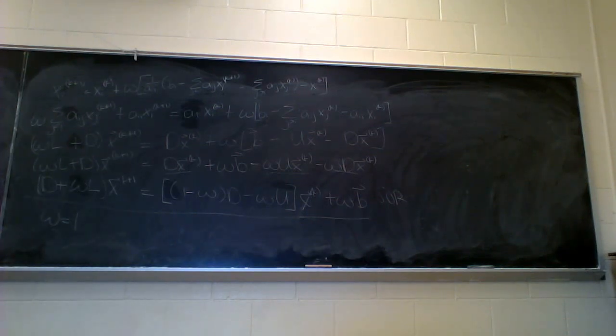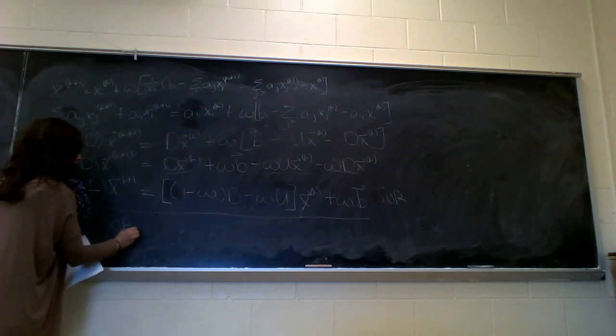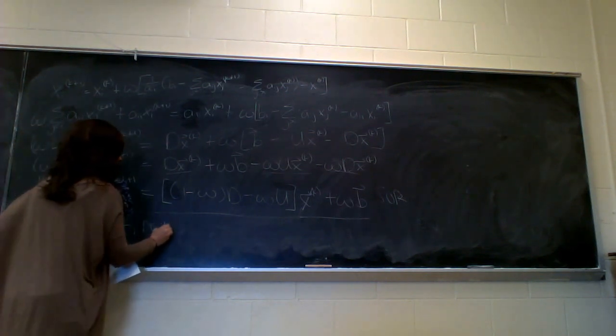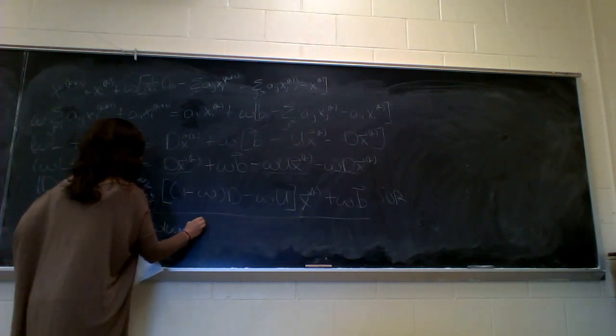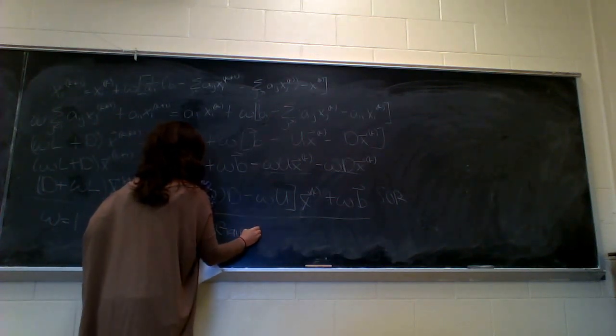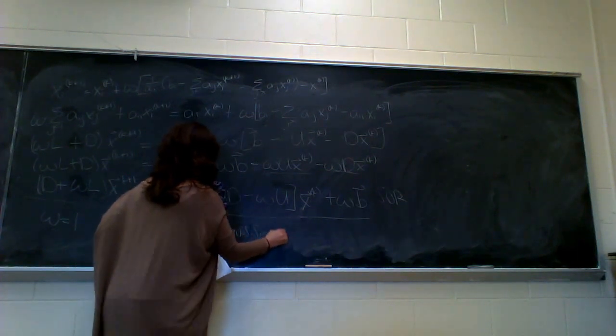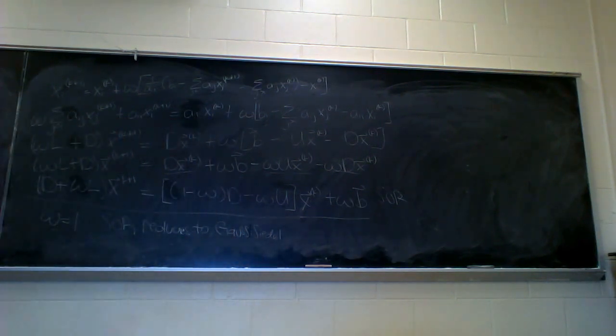So we have D inverse times minus omega U, and then plus b. So SOR reduces to Gauss-Seidel when omega is equal to 1.